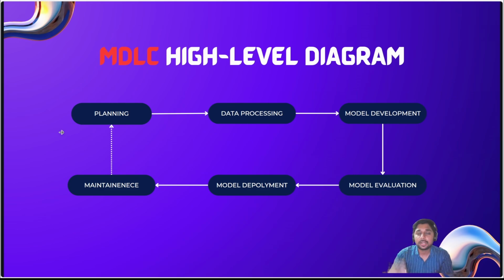We will convert that into a usable format, because not every algorithm can use every format. It should be in a strict format so it can be utilized by a machine learning algorithm. It also involves feature engineering, which we will discuss later.